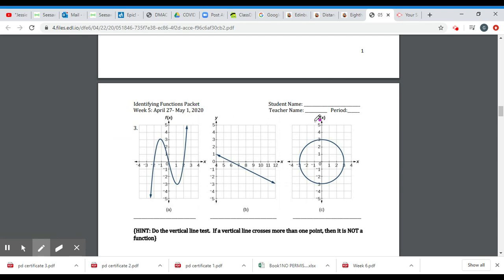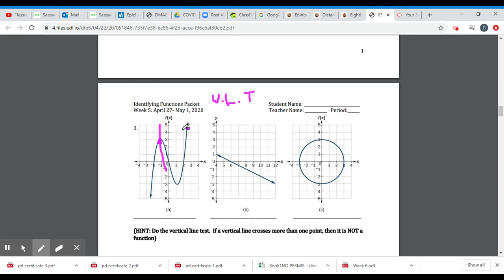Remember, if I have a graph, I'm doing that vertical line test. Just write a VLT for short. So I'm going to draw a line here. Not the straightest line, but did it cross more than one time? It crossed right here. Did it cross again?